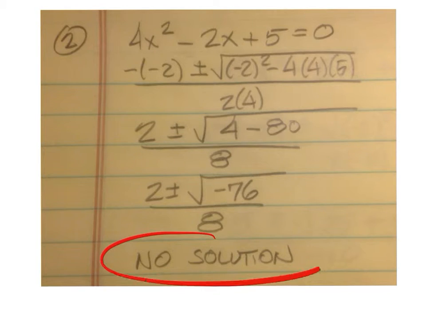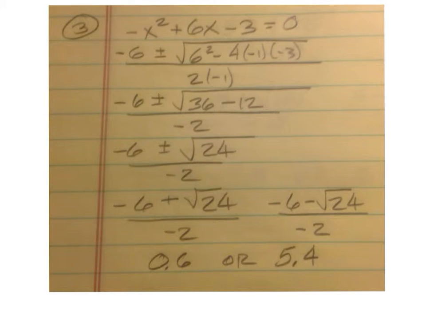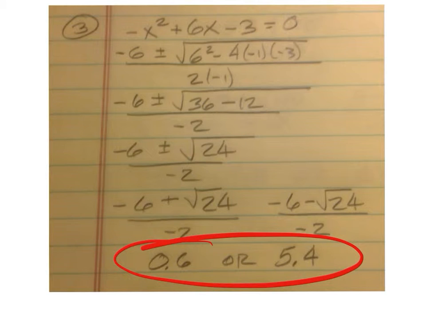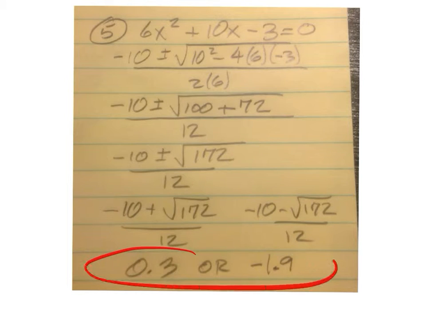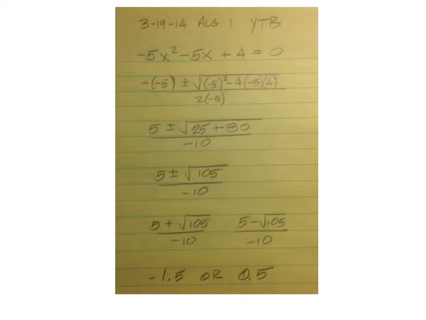Number 2 is no solution. 3 is 0.6 or 5.4. 4 is 1.3 or negative 0.7. 5 is 0.3 or negative 1.9. The extra credit is 2 points each. The YouTube bonus is separate. If you did that, the answer is negative 1.5 or 0.5.